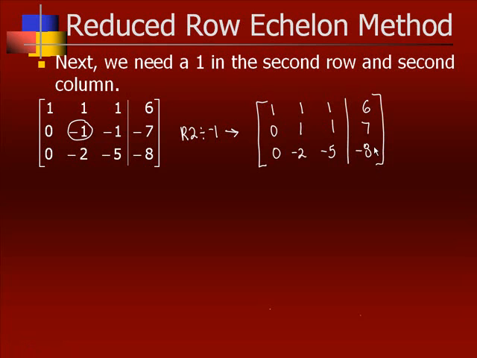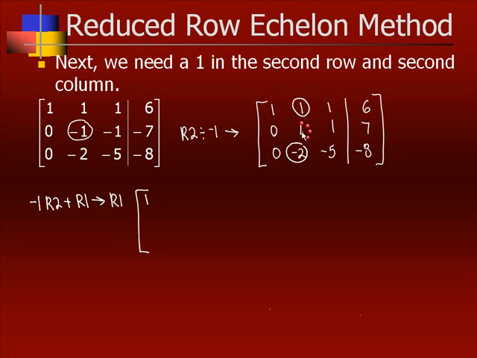Now we want to get a 0 above and below that 1. So we're going to use the 1 that we just found to change that one. To get a new row 1, we're going to do negative 1 times row 2 plus row 1. Negative 1 times 0 is 0, plus 1 is 1.